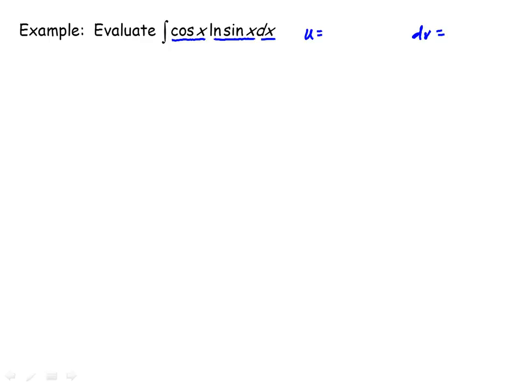Now, dv cannot be natural log sine x, so that forces me to make my u natural log of sine x. And so dv is going to be cosine x dx. Can you tell me the derivative of natural log u? 1 over u, which is sine x, times the derivative of u, which is what?